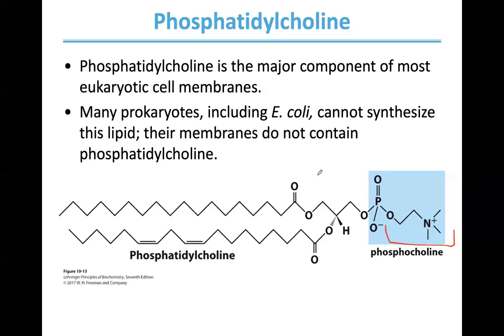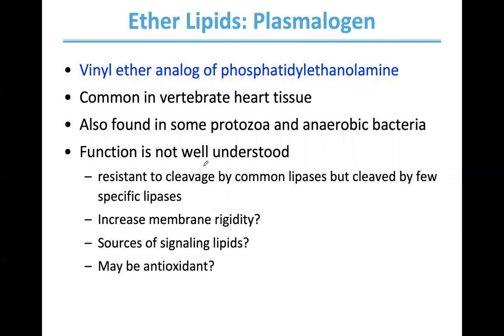And so many prokaryotes cannot synthesize this lipid. Their membranes do not contain phosphatidylcholine. Now there are ether lipids. So this is a very interesting one, which is a vinyl ether analog of phosphatidylethanolamine, common in vertebrate heart tissue.